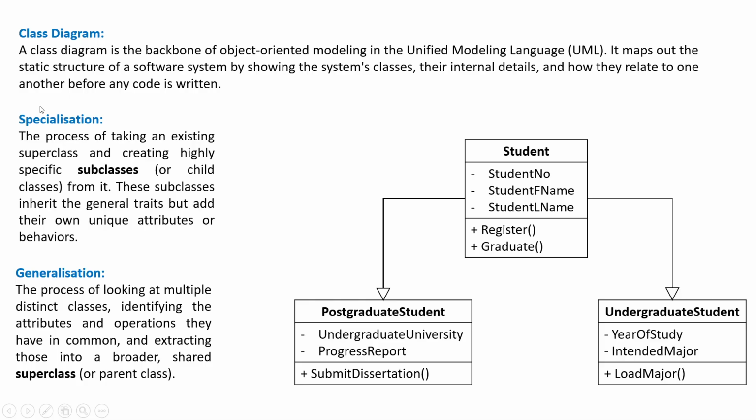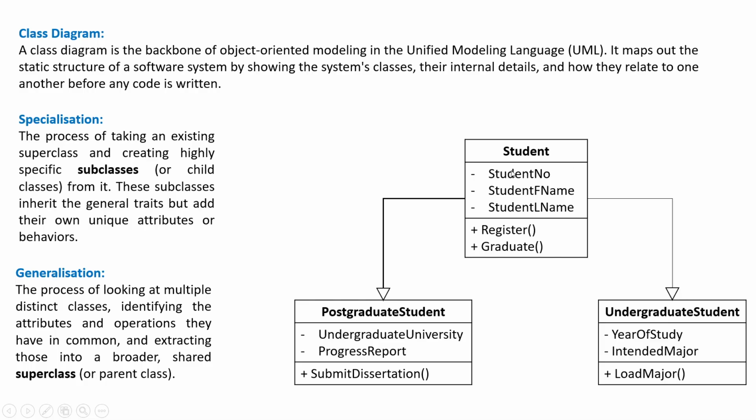So let's look at specialization. Specialization is the process of taking an existing superclass and creating a highly specific subclass or subclasses, also called child classes. The subclass inherits the general traits, but can add its own unique attributes and behavior. If we look at this, our subclasses would be postgraduate student and undergraduate student.